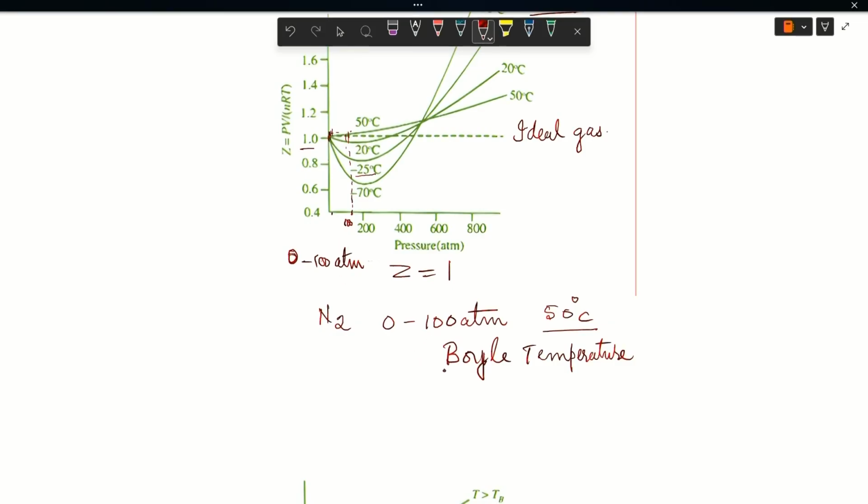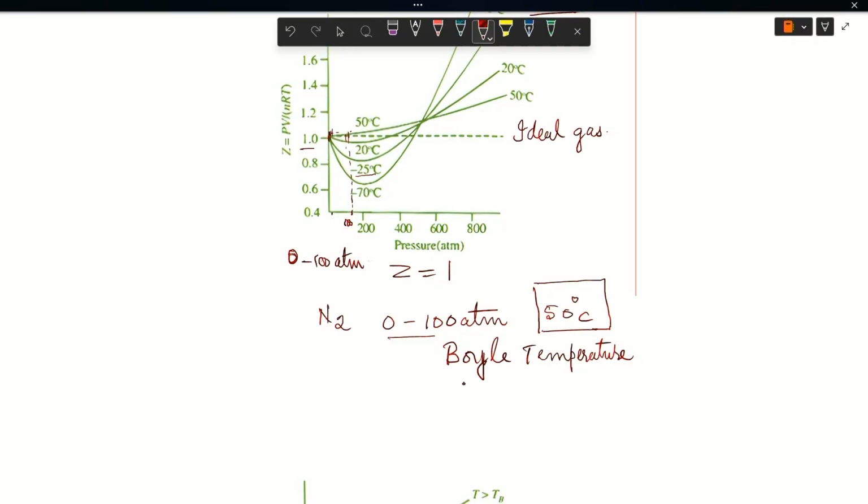That is what is meant by Boyle temperature. We usually focus on the temperature at which the gas can behave ideally, and this temperature is denoted by the letter capital T with capital B as a subscript.